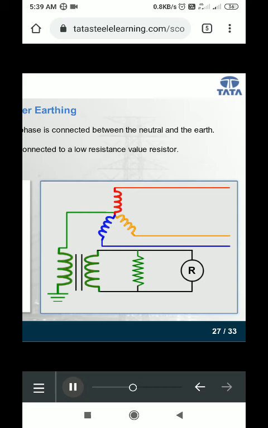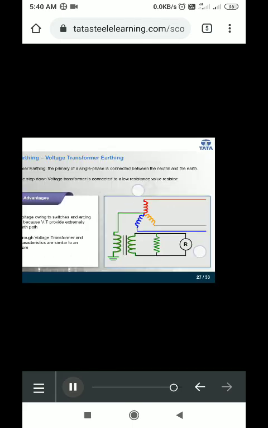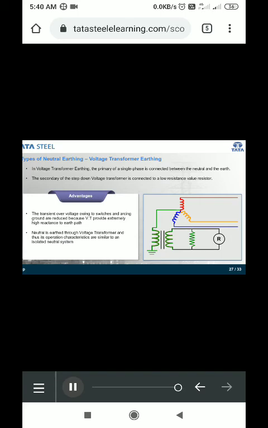The transient overvoltage owing to switching and arcing ground are reduced because the voltage transformer provides extremely high reactance to the earth path. Next, neutral is earthed through a voltage transformer and thus its operation characteristics are similar to an isolated neutral system. Well, this was about voltage transformer.